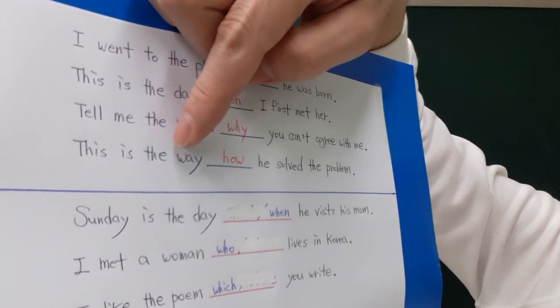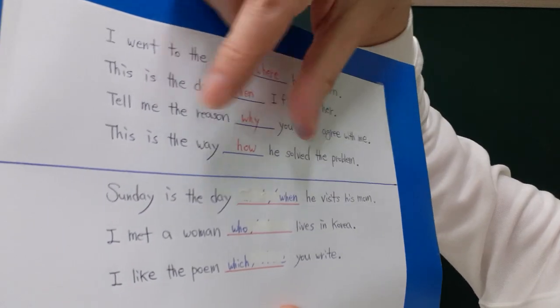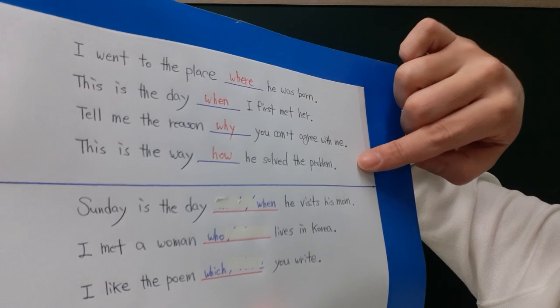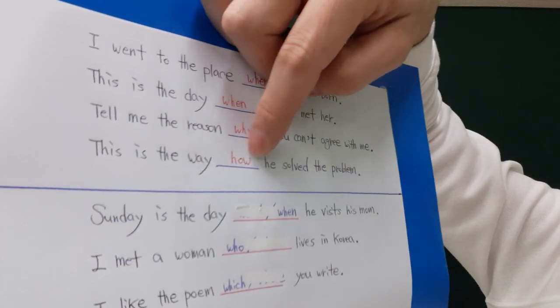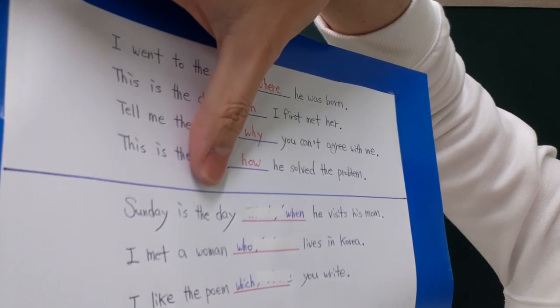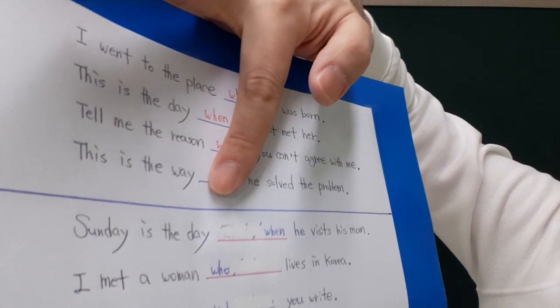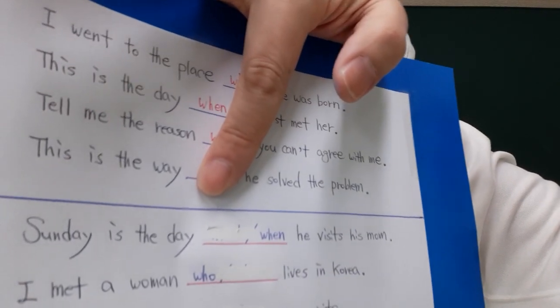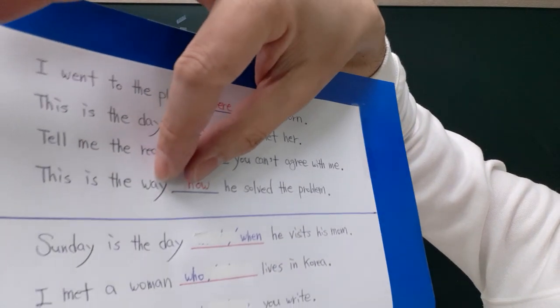The reason is that the way how together is incorrect, so we have to get rid of one of them. So "this is how he solved the problem" is correct, or "this is the way he solved the problem" is correct. Okay, you have to get rid of one of them.